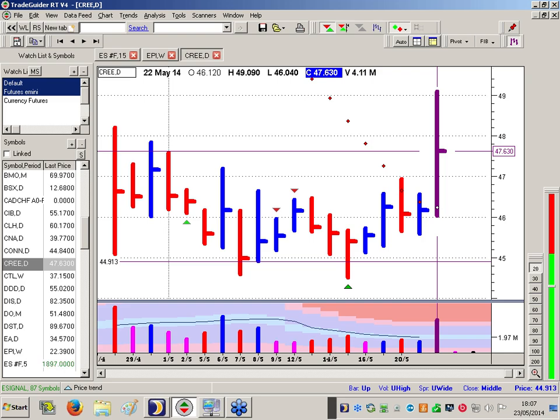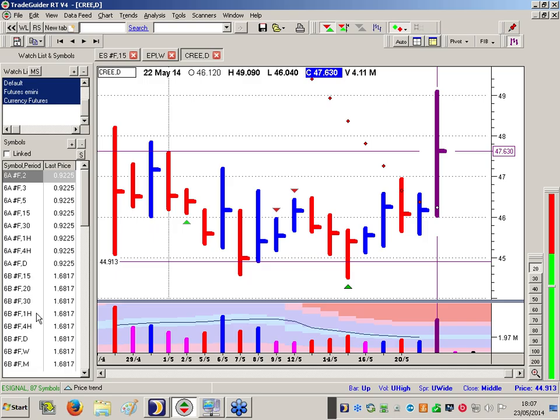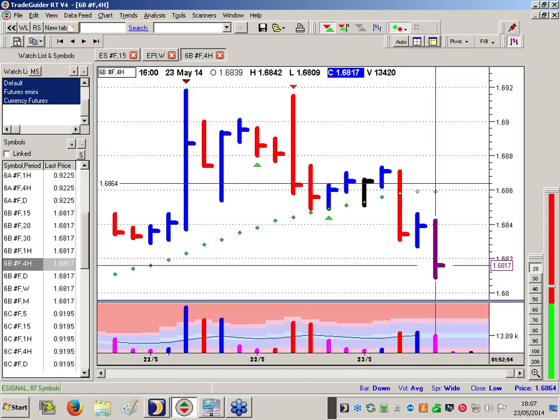The pound, Peter. The 1 hour and 4 hour charts for Louis. And Robert on that same subject is saying, do you think that the pound is weak?